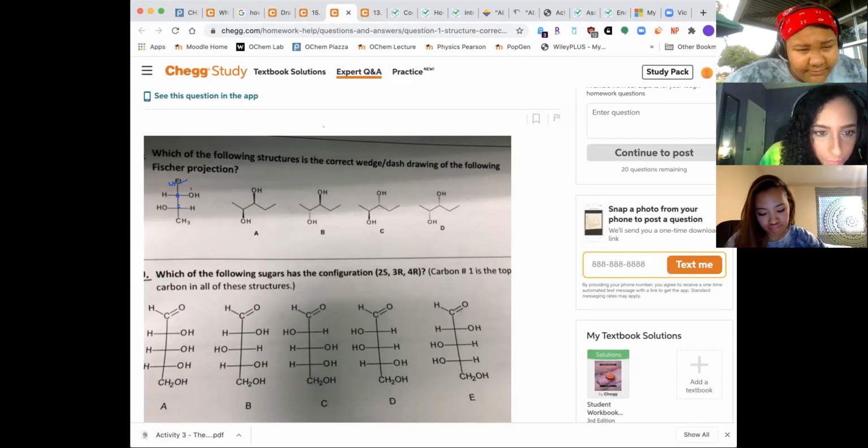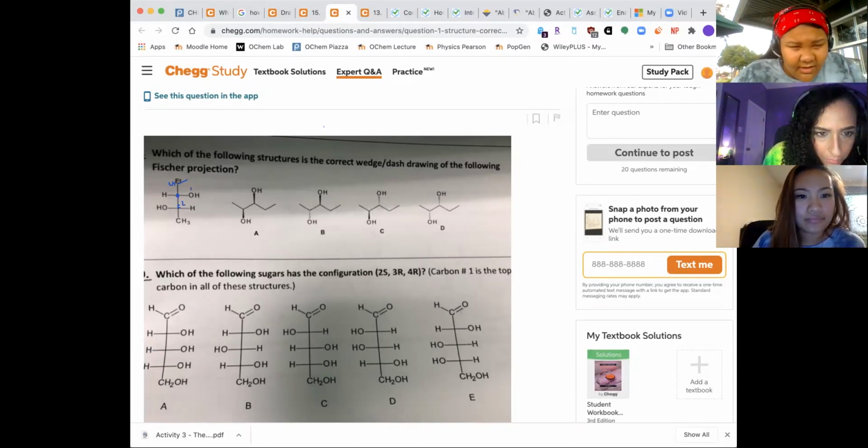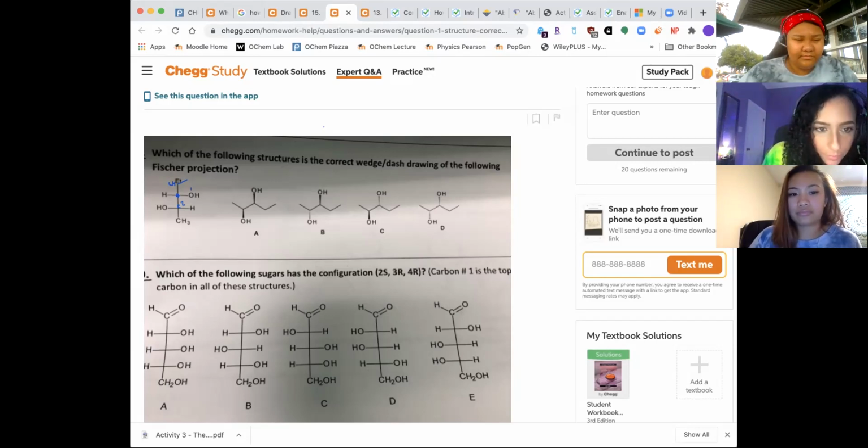Because this one is a C, it can go to either one of these first. So I'm pretty sure that's 2, right? Numbering the priority groups.